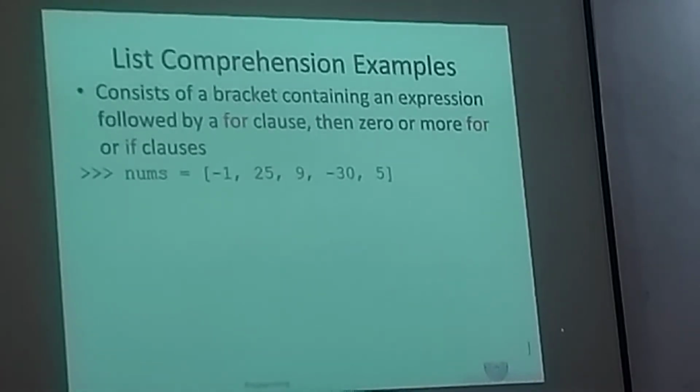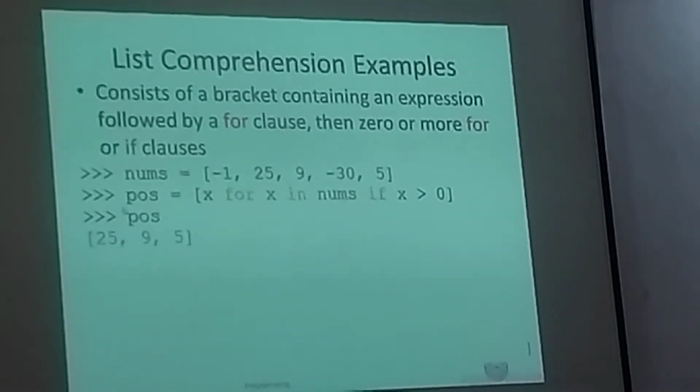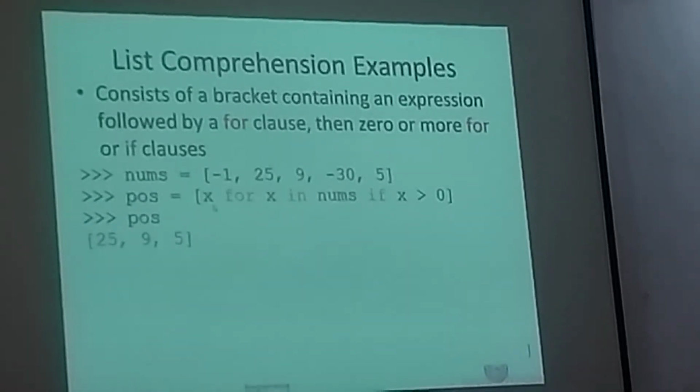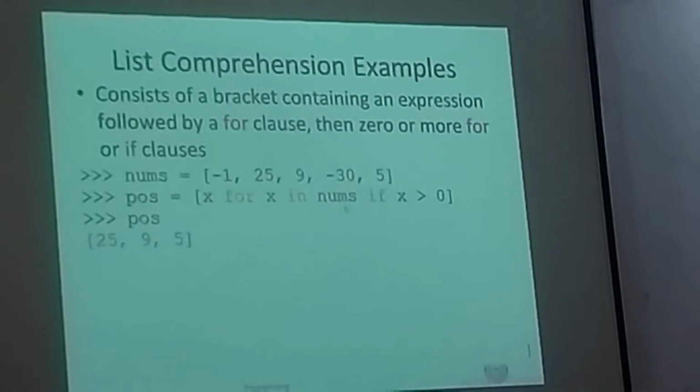So here are some more examples. Suppose I have a list called nums which consists of a few positive and negative numbers. List comprehension allows me to get all the positive numbers from this list. So I can say positive list pos is all x in nums where x is greater than 0. So in Python I can say x for x in nums if x is greater than 0.